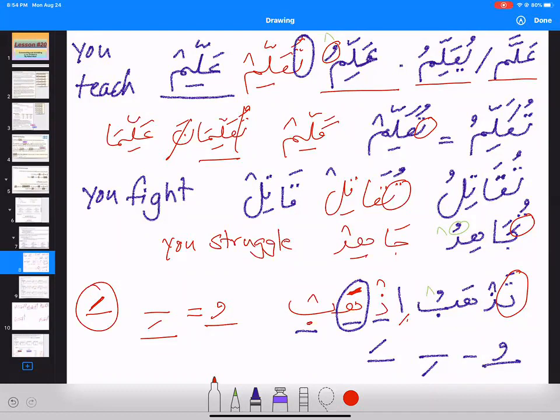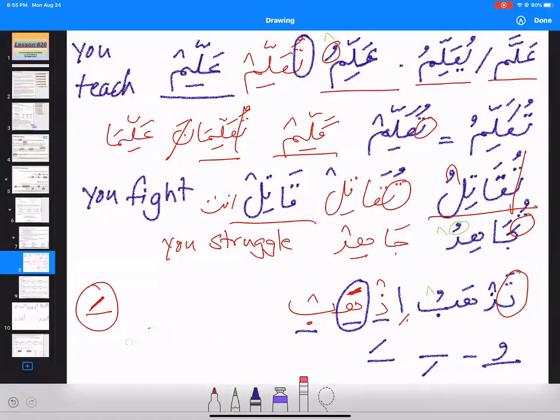Then we have another, tuqallimu. Tuqallimu will become qallim, easy. Then we have tuqatilu, qatala yuqatilu. So anta would be tuqatilu. And when I make it majzoom, I drop this ta, qatil. So this is our anta, easy. Tujahid becomes jahid. And then tazhabu, okay, this is the one.